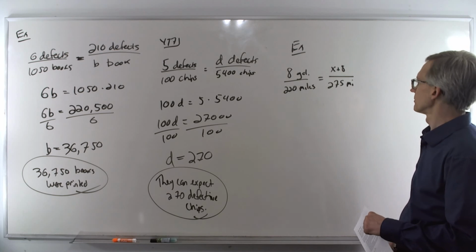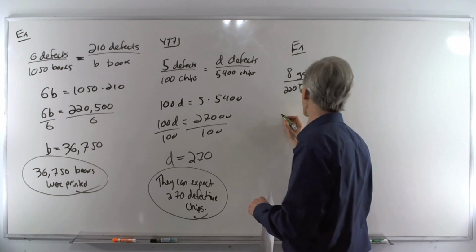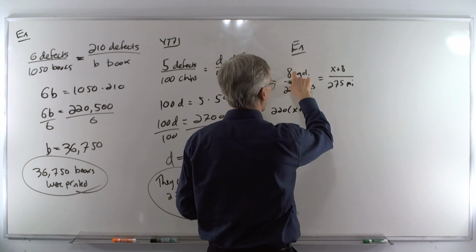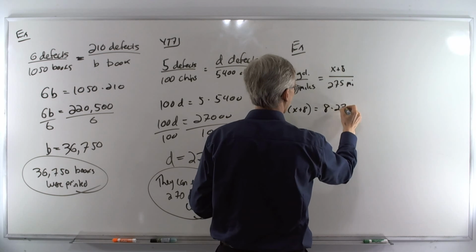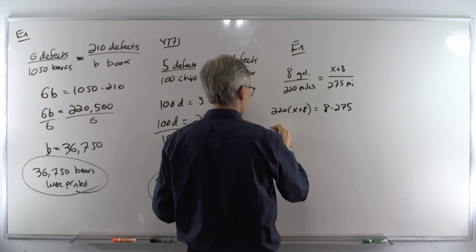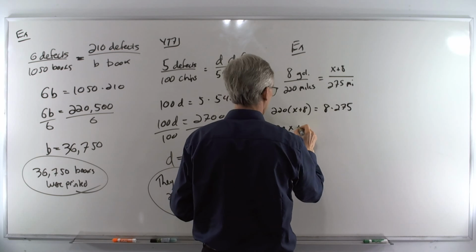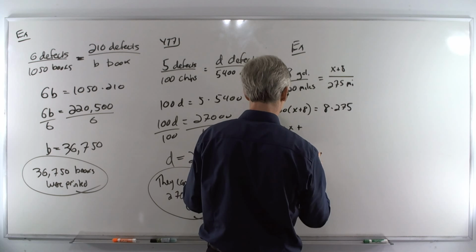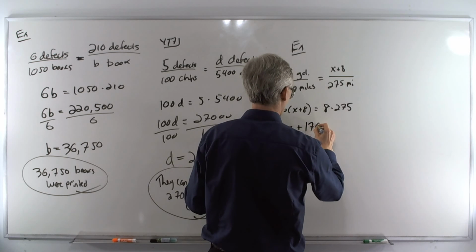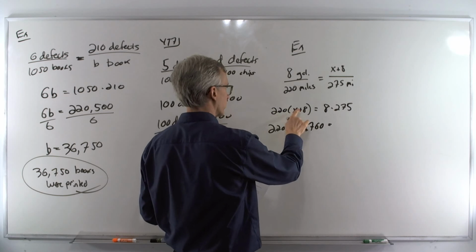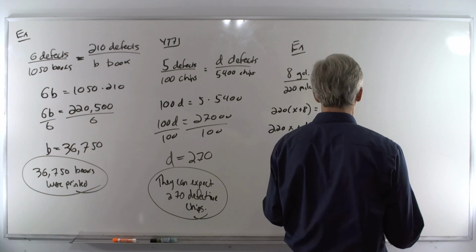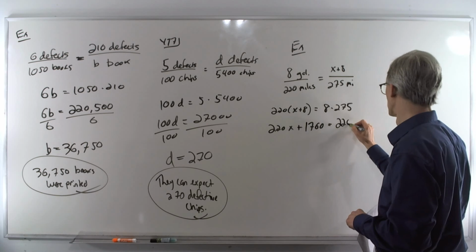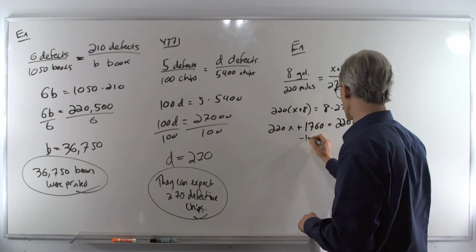Right, so now we can cross multiply. We got 220 times x plus 8. And over here we got 8 times 275. Distributing. We get 220x, and 220 times 8 is 1760. And then on this side, 8 times 275 gives us 2200. Now we'll subtract 1760 from both sides.